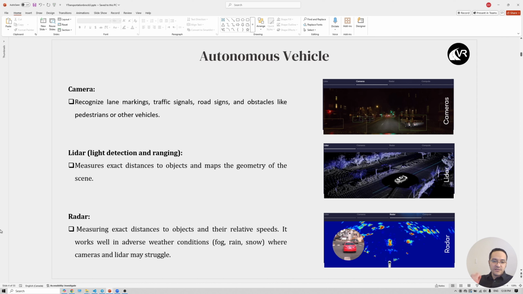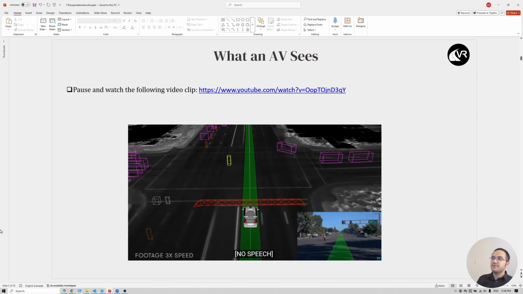And the LiDAR is responsible for measuring the exact distance between a car and another car, for example. And radar is for adverse conditions. It can play the role of a camera or LiDAR and then help. But the camera is the cheapest one, and then as we go, LiDAR, and radar is very expensive.